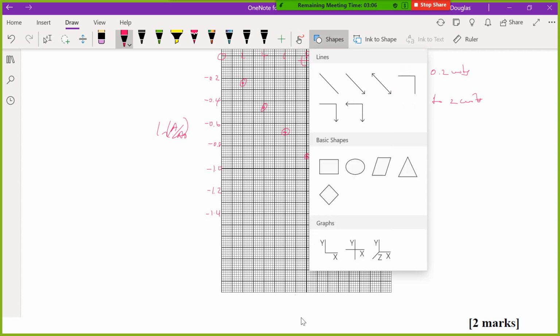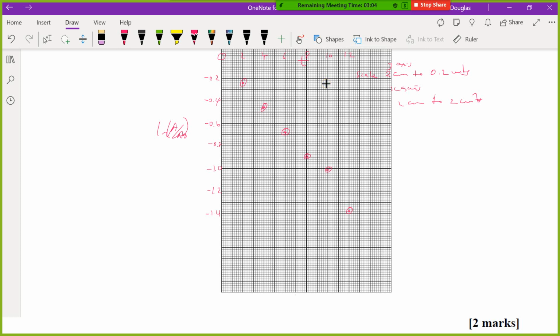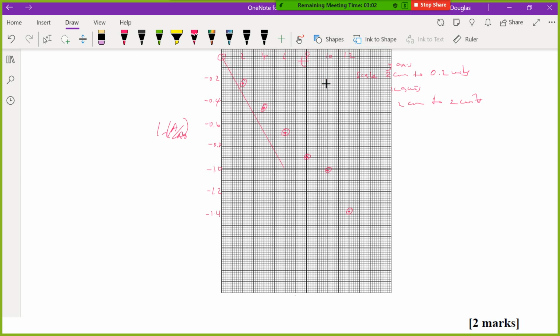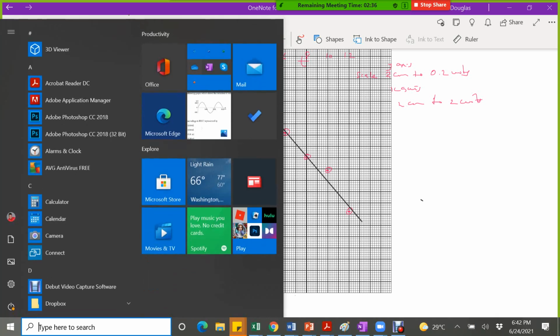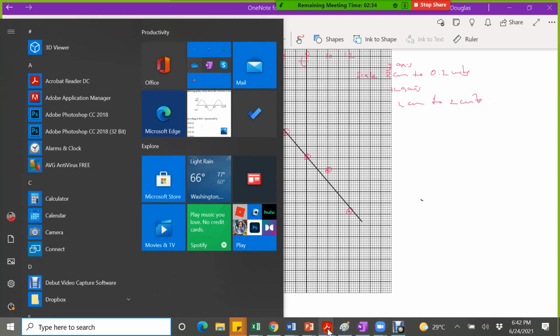So the next thing for us to do is to draw a line of best fit. This could work as a line of best fit, ladies and gentlemen. Did they ask us to include the best fit line, or do we have to include it no matter what? They will tell you from time to time.